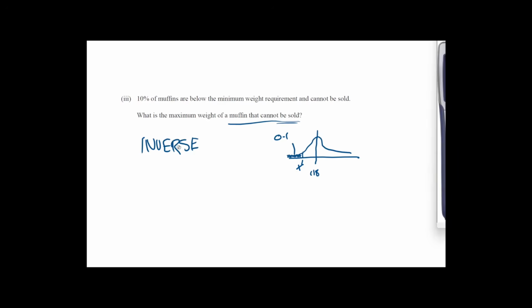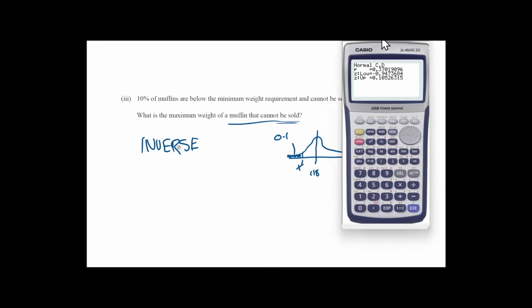Okay, so we have the same situation. There is our mean of 118, and we want this area here to be 0.1, so 10%, and we want to know what's going to go there. We've got the area, now we want to find the endpoint, so we're going to use the inverse function. On the calculator, it's the same cinematic universe as before.